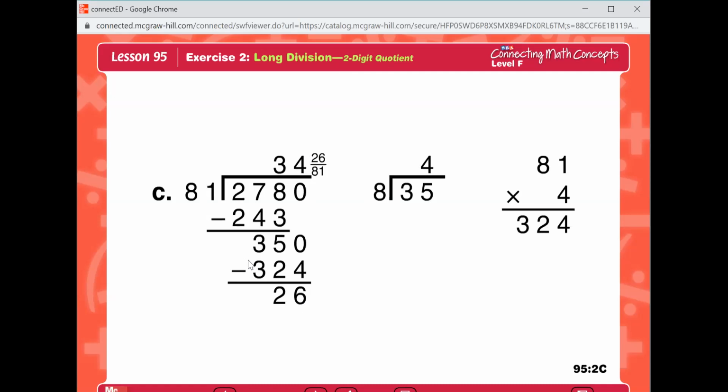This is where it gets plugged in. So you want to subtract 350 minus 324, which gives us our remainder of 26. I call it the remainder because there's nothing left here to divide. It's what's left after you work a problem, giving us our remainder right here, which is 26 over 81. As I've been saying, remember the denominator matches the number you divide by. This plugs in right here.